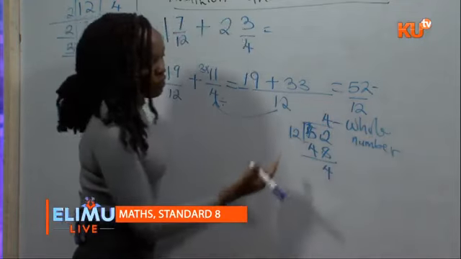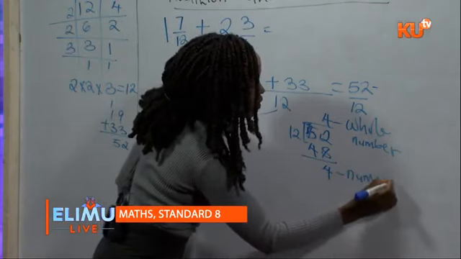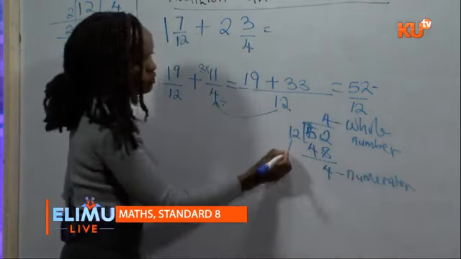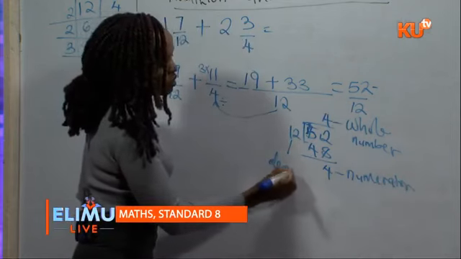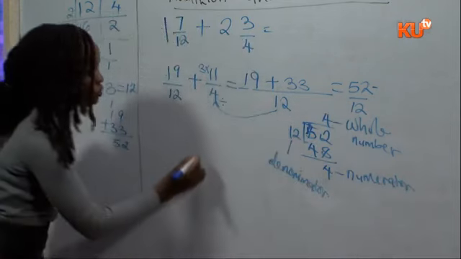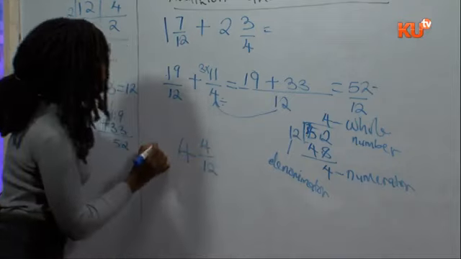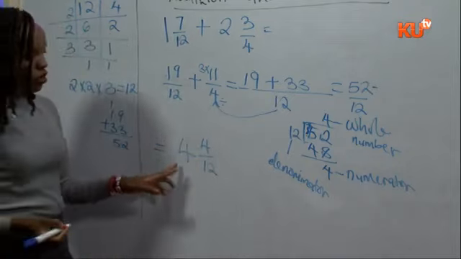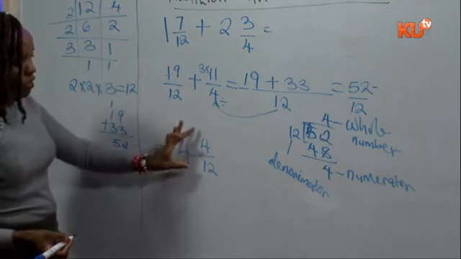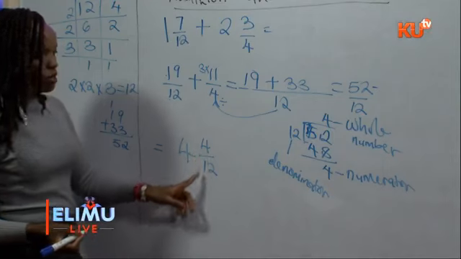So when we are forming the fraction, 4 is going to be our numerator, and then 12 is going to be our denominator. So that means our answer is going to be 4 over 12. So this is the whole number, and this is a proper fraction. If you look at this 4 over 12, this fraction can be simplified.